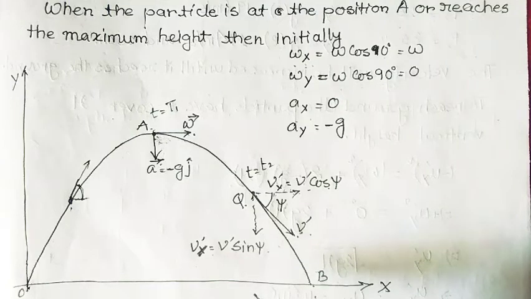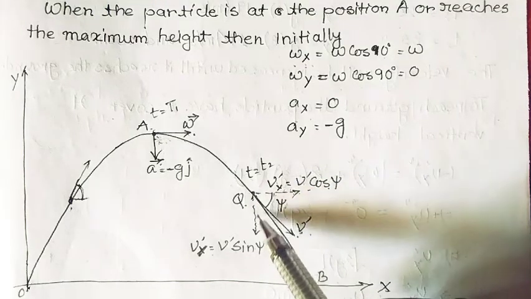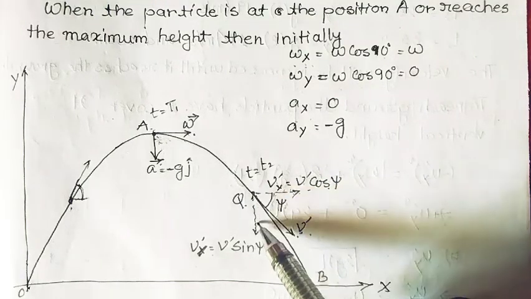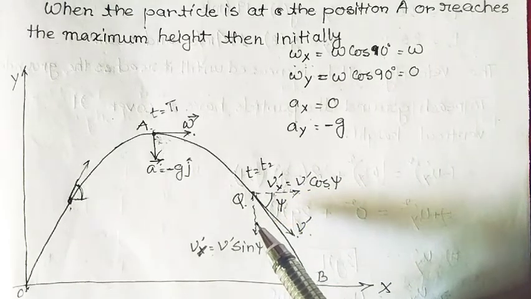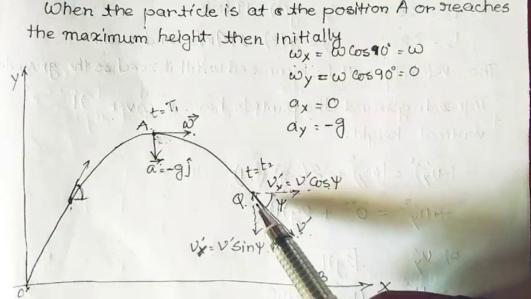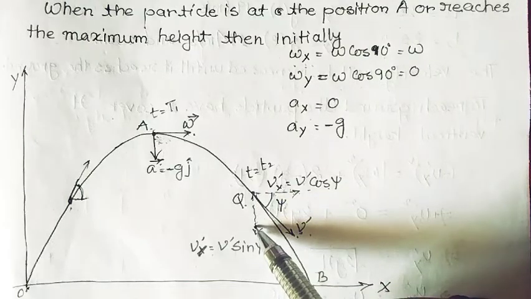So here we again see that the vertical component shows a non-zero value, but along the negative y-axis.